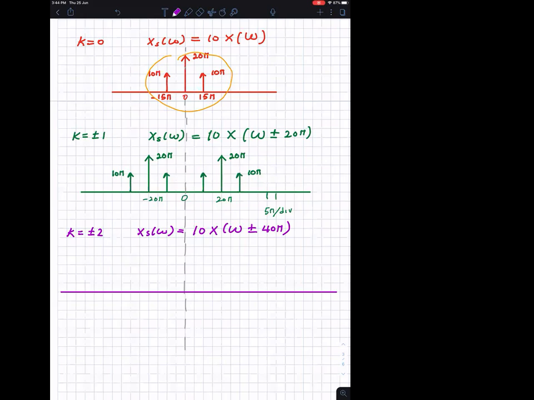Okay, 40 pi is like this, 20 is 40. It's minus 20, minus 40 pi is 0.